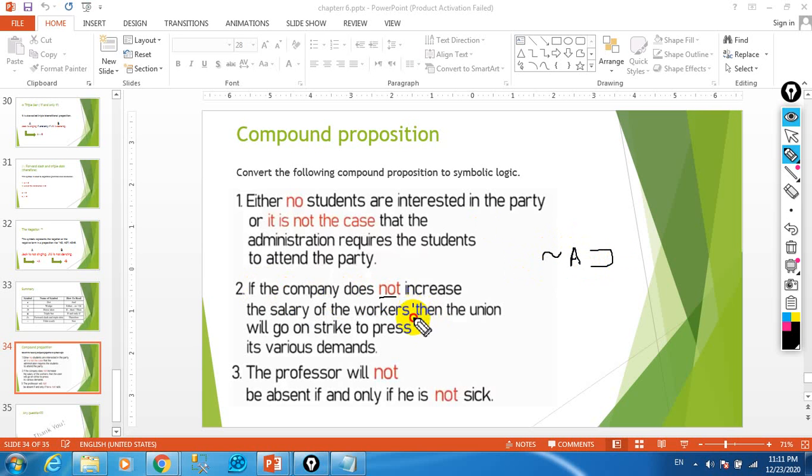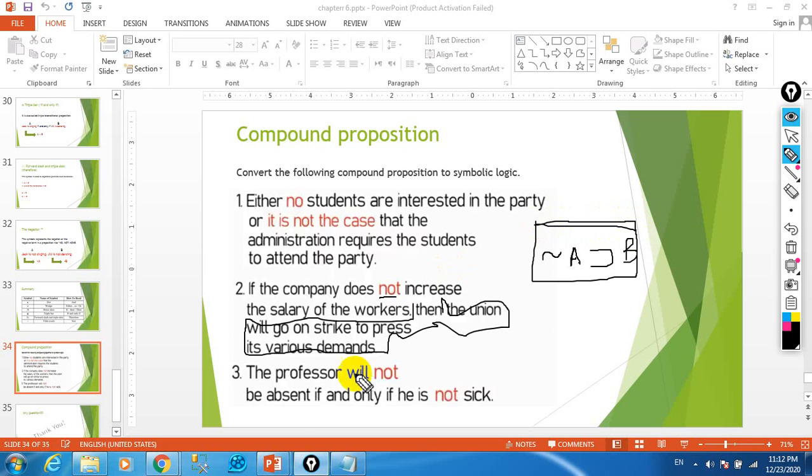The second one is positive, this is not negation, so then we will go on strike to press various demands. So this was the compound proposition, logical representation.